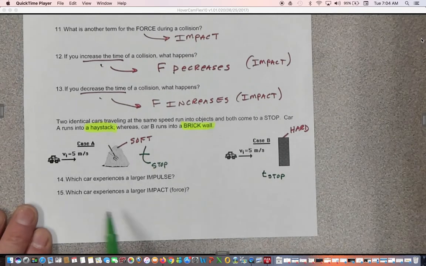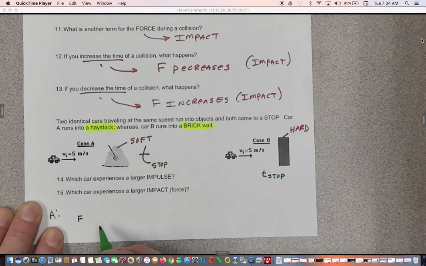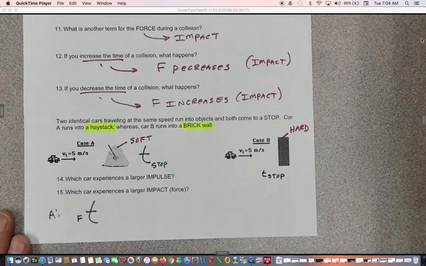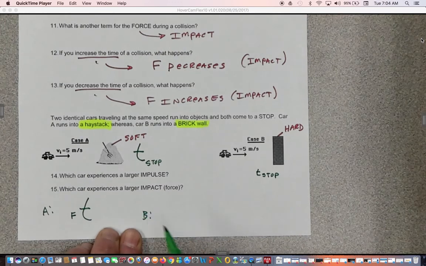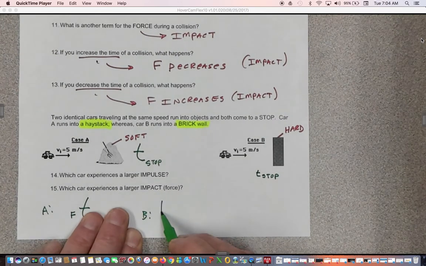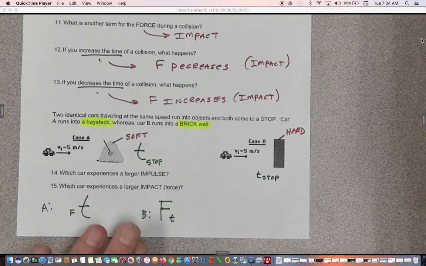So, for question 15, for case A, you have a small force because you have a big time. For case B, you have a huge impact because you have a small time.